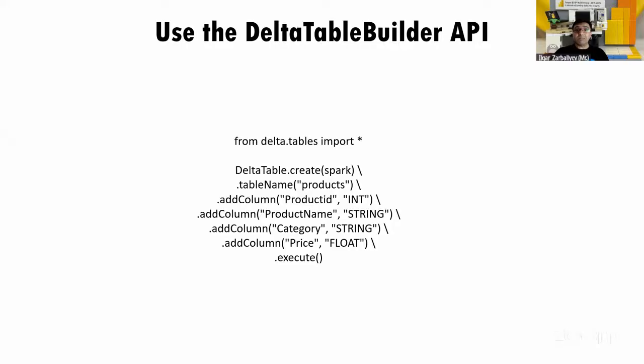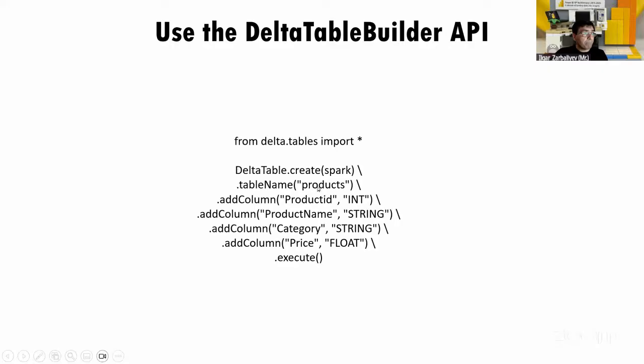The Delta Table Builder API enables you to write Spark code that creates a table based on your specifications. You can see the pattern here. We import from the delta.tables module, call deltatable.create, and pass in the Spark session, and then chain a series of builder methods.